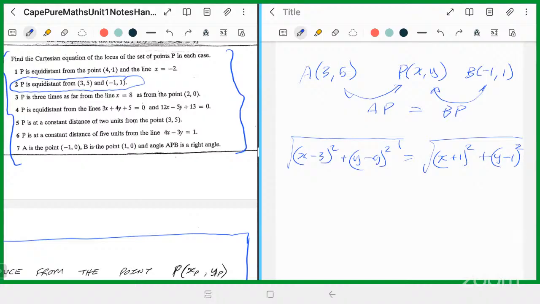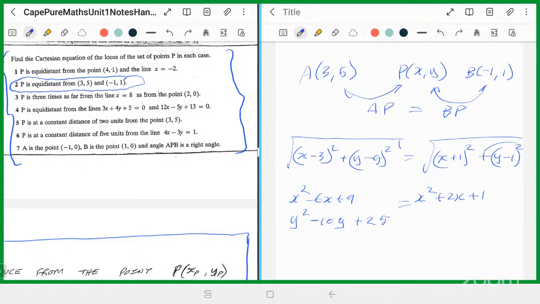And then if you expand this, you're going to get x squared minus 6x plus 9. And if you expand this, you're going to get y squared minus 10y plus 25. That's on the left side. That's equal to, on the right side now, x squared plus 2x plus 1 from this.